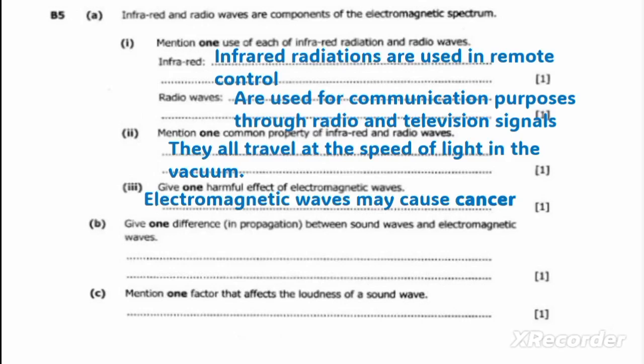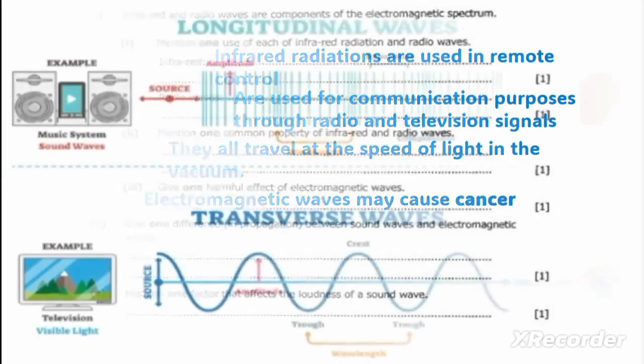Question B5B, the question reads, give one difference in propagation between sound waves and electromagnetic waves. So there are two types of waves, transverse waves and longitudinal waves.